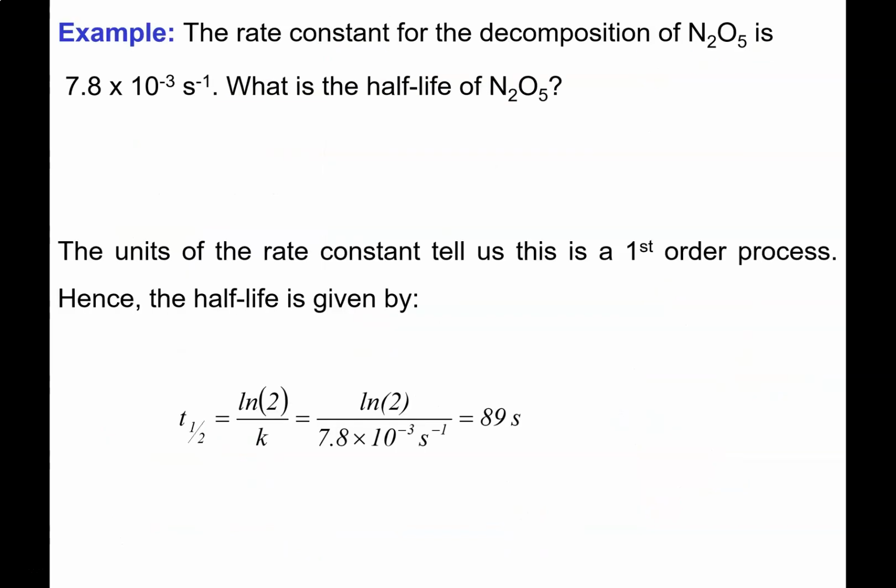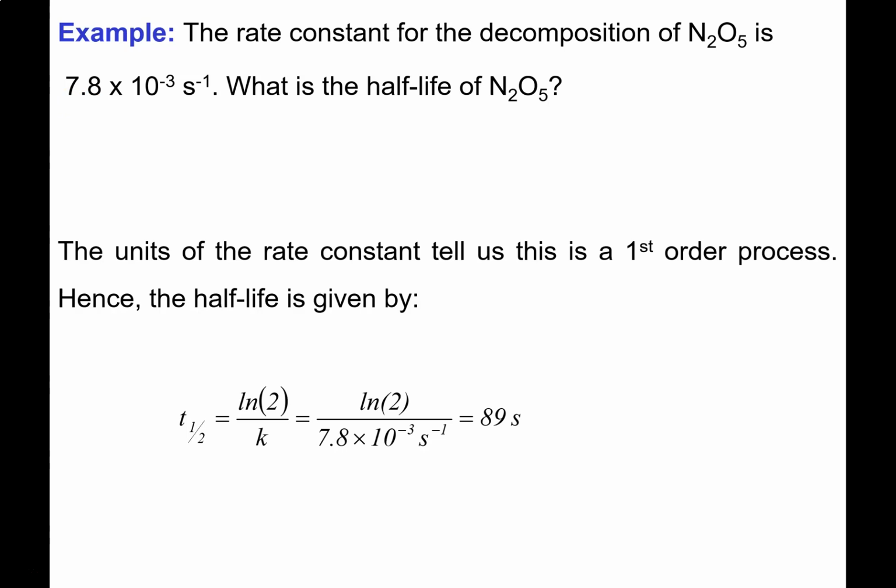All right, so let's have a look at this problem. It says the rate constant for the decomposition of N2O5 is 7.8 by 10 to the minus 3 per second. What is the half-life of N2O5?